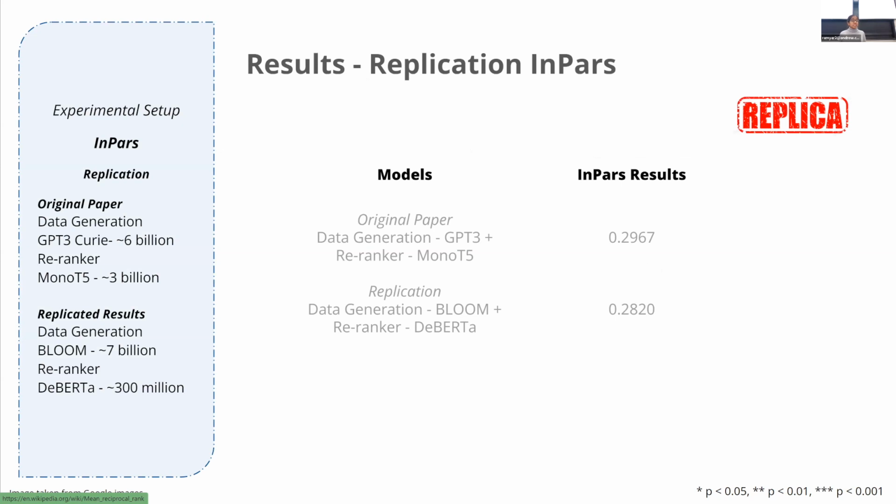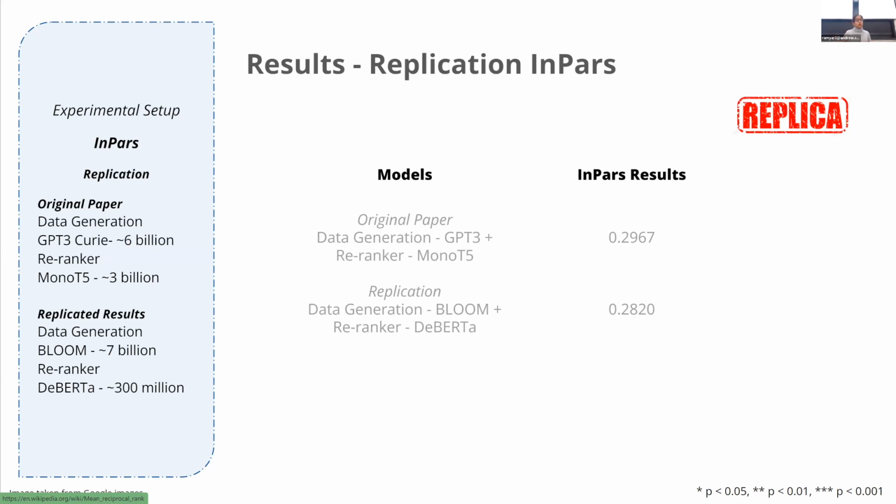However, GPT-3 is pretty expensive to use, and Mono T5 is a pretty large model. So they did have a really good performance. We tried to replicate it with something that would be more accessible. So we used Bloom, and both of the models that we have are open source and available. We used Bloom for generating the data, and to re-rank it, we used a much smaller model, Diverta, over here.